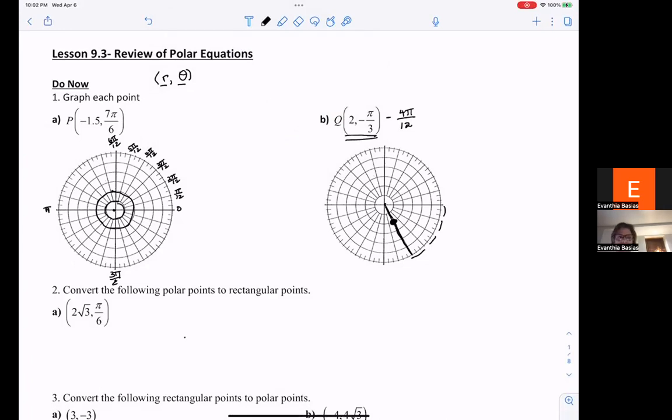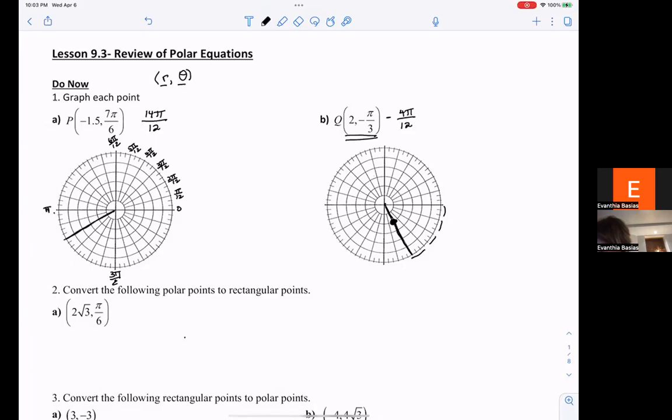Now, if the radius is negative, then we reflect that over the pole. So for instance, if we wanted to plot the point negative 1.5 comma 7 pi over 6, 7 pi over 6 is really 14 pi over 12. So we have to go 2 down this way. So this is 7 pi over 6.